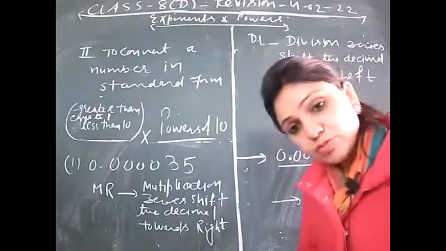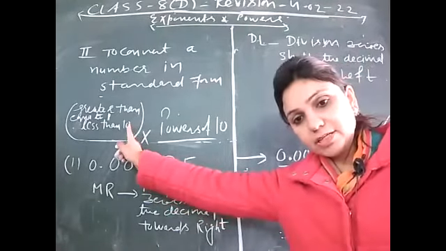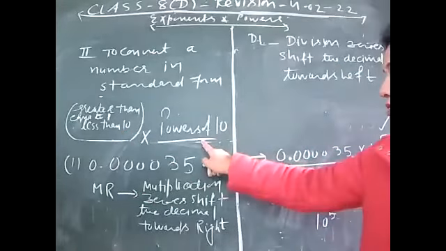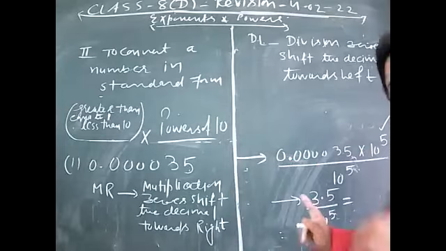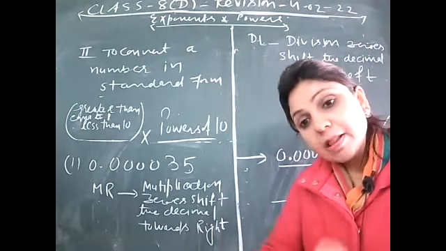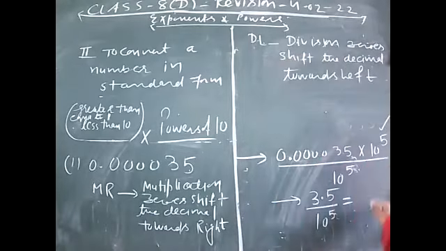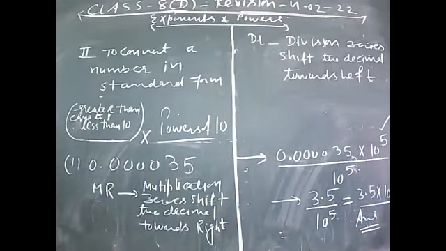But the standard form says the number should contain a decimal number greater than 1 and less than 10, like this, and the other part is a power of 10. But the power of 10 is in the denominator. We can shift it to the numerator by making the exponent -1. So you will have 3.5 multiply 10 raised to power -5. This is the number in the standard form.